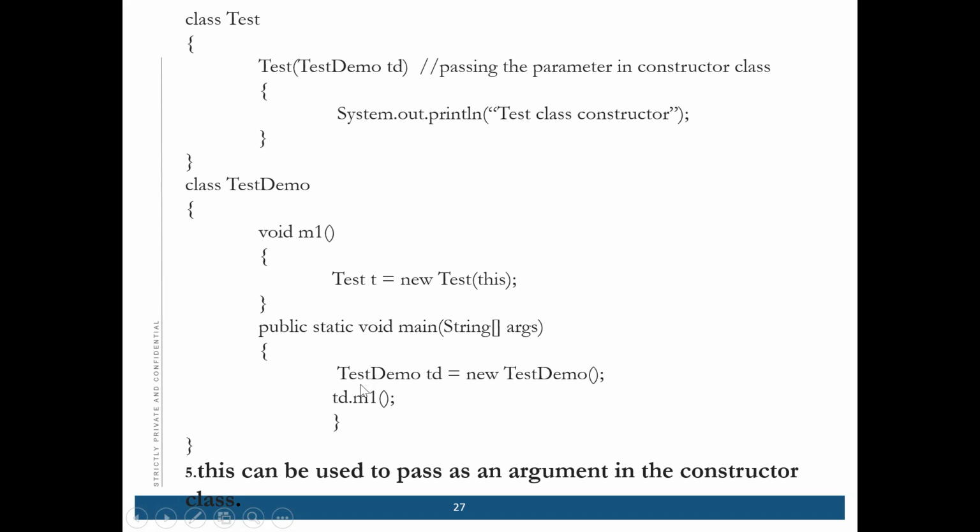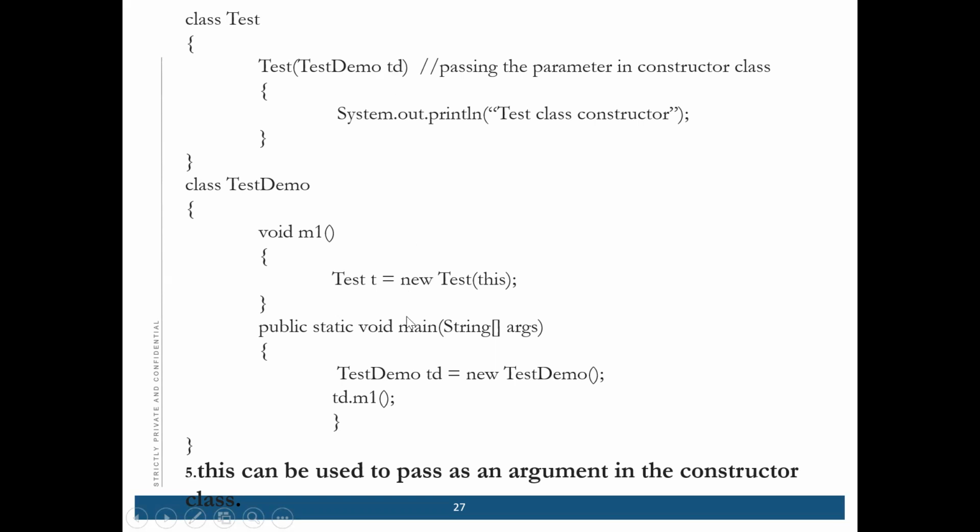Now what we are doing, we are creating an object of test demo and we are calling this method. Inside this method, we are creating a test object of the test class, and the parameter we are passing here is of constructor class.